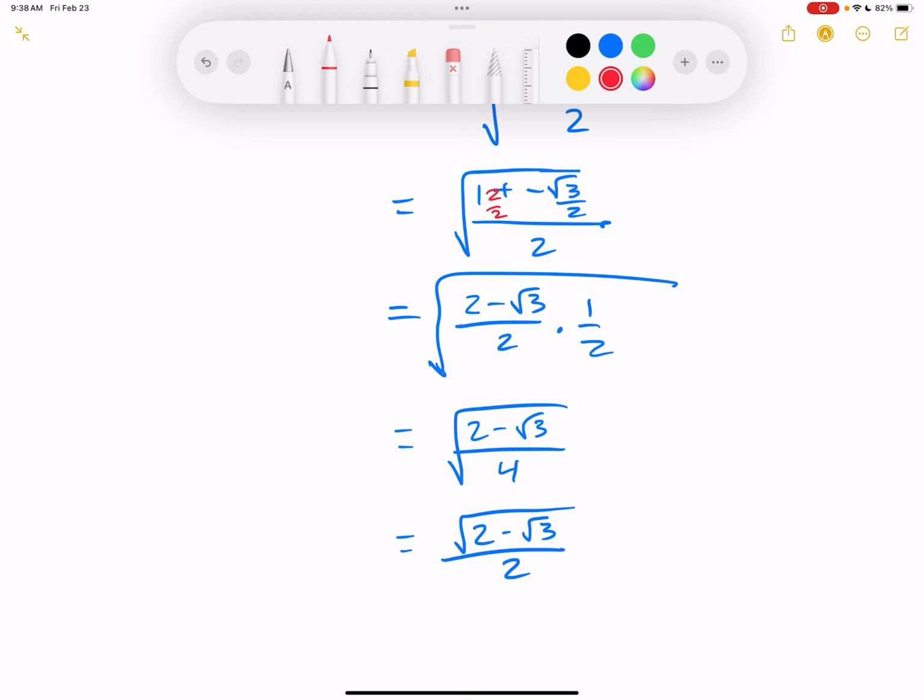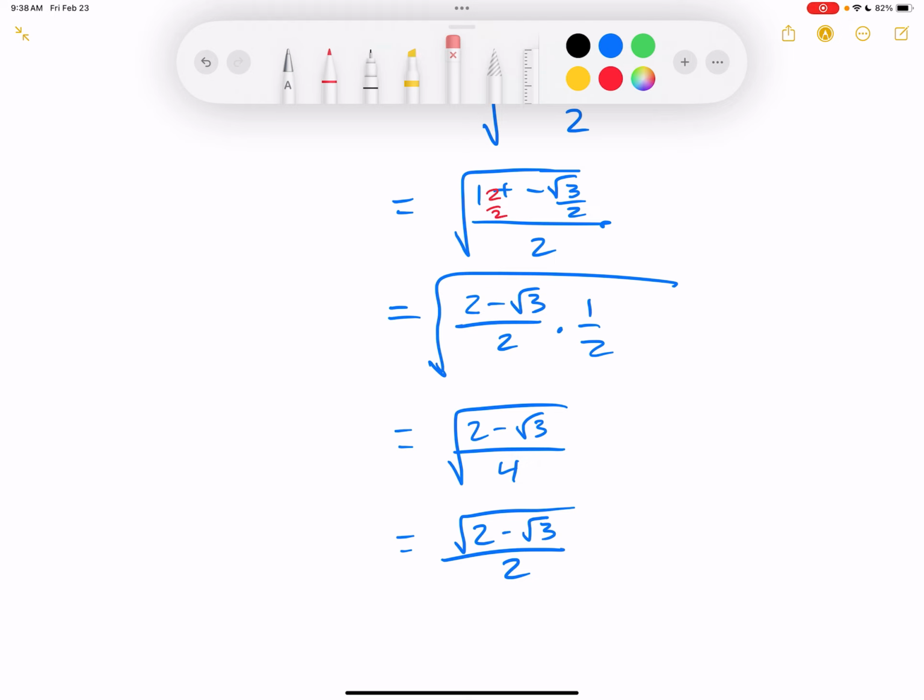I'm just trying to avoid having to write the really long thing a million times. In pretty much every scenario, because we're dealing with sine and cosine, it's always going to be something over 2. So you could always just start out by writing the 1 as 2 over 2 if you wanted to. Because even if it was 1/2, you would still need it to be 2 over 2.